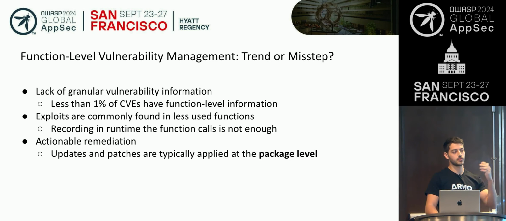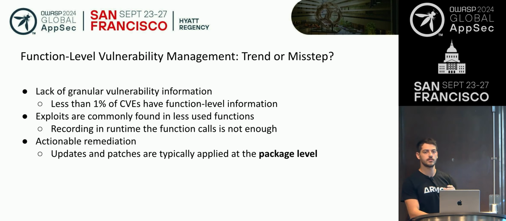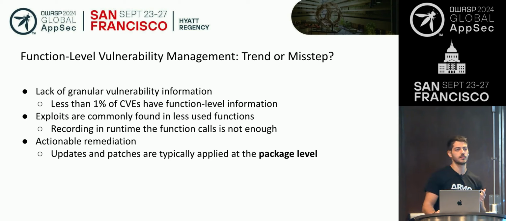So if you record all the functions that are being called in the first couple of minutes of the container, it doesn't necessarily mean that the vulnerable function can't be called later.